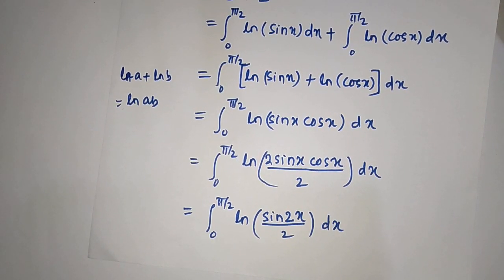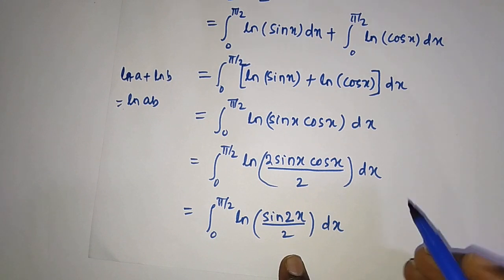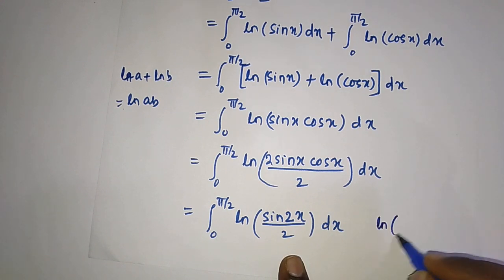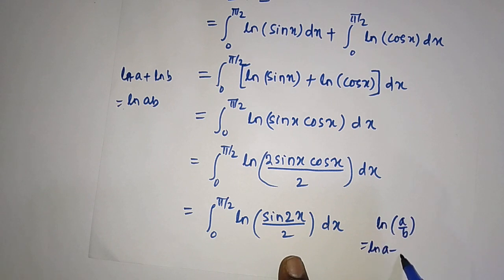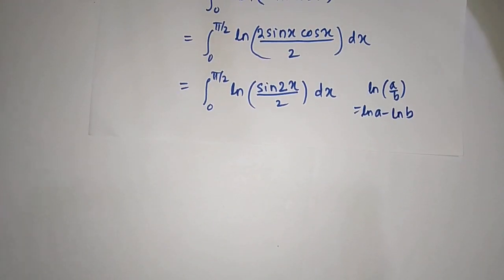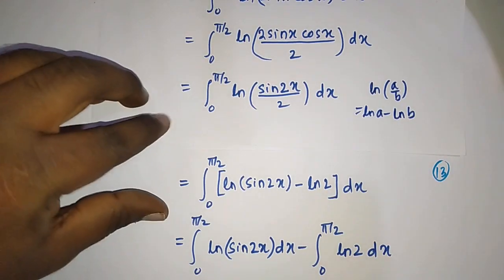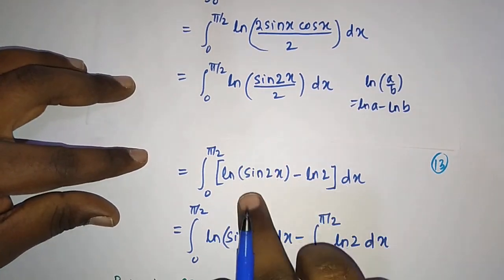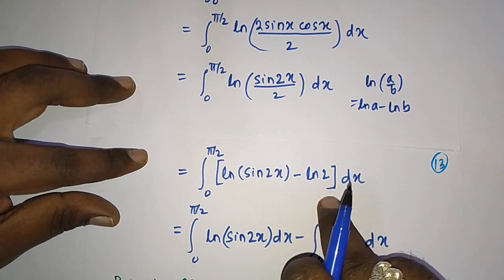So here I have got ln of sin 2x by 2. We know another property, ln a by b is equal to ln a minus ln b. Applying that property, we get ln sin 2x minus ln 2.